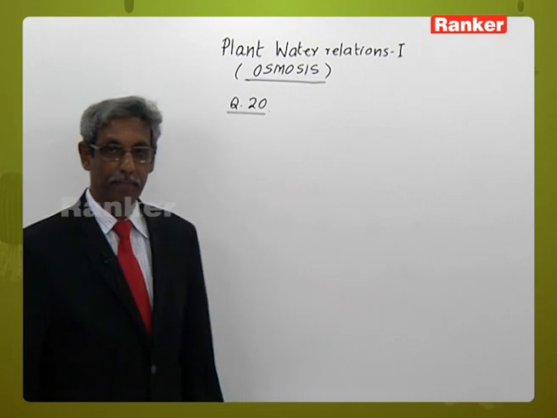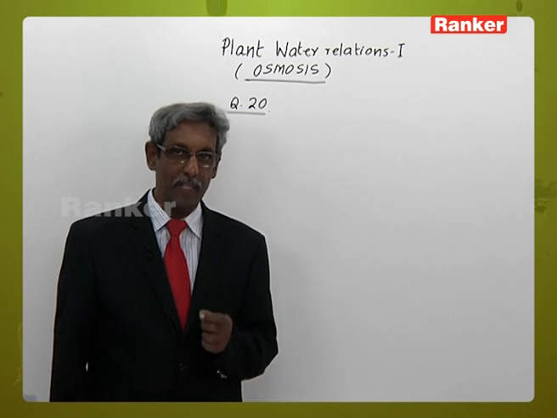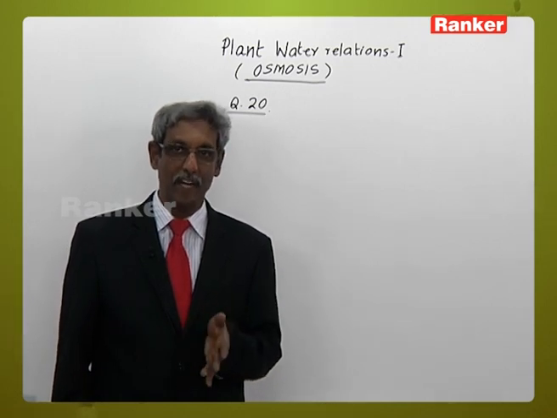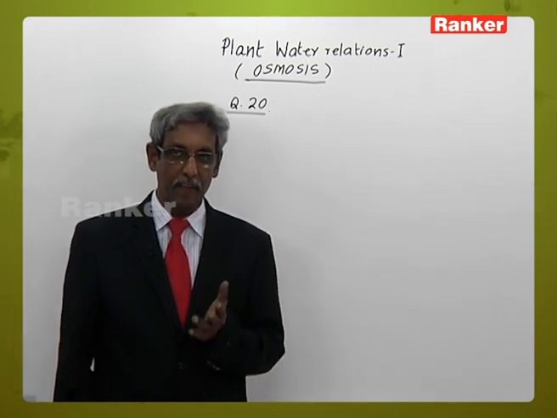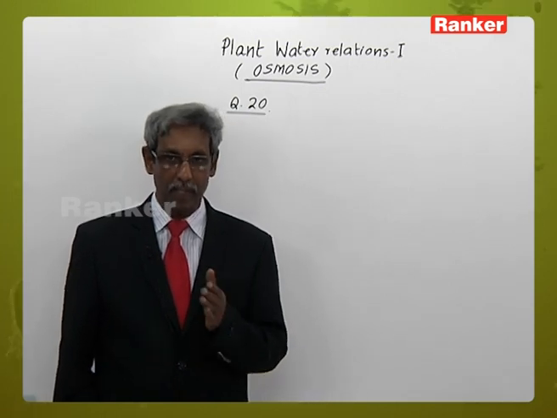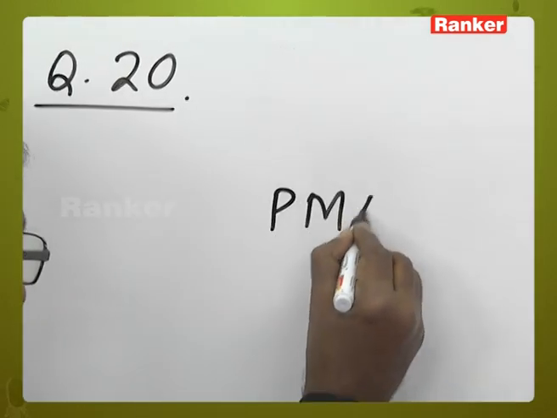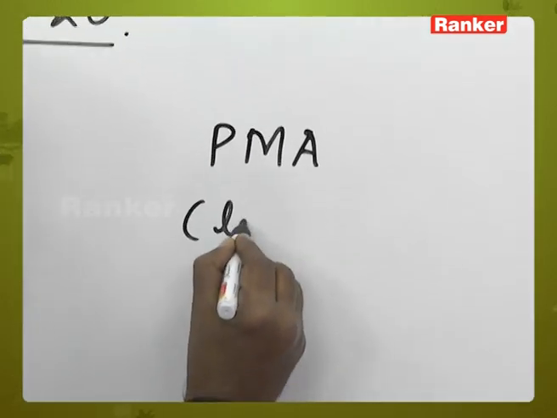Question number 20. Which is an antitranspirant? A. Cobalt chloride, B. Phenyl mercuric acetate, C. Potassium iodide, D. Mercury. An antitranspirant is a compound which prevents transpiration. Like if you take leaves and you rub them with phenyl mercuric acetate, PMA. PMA is a liquid.